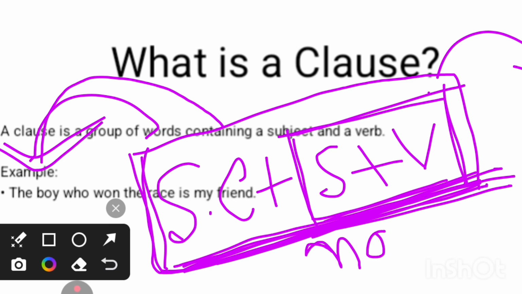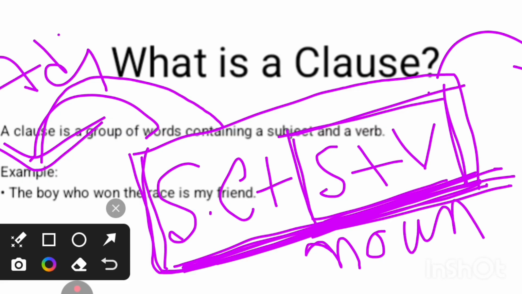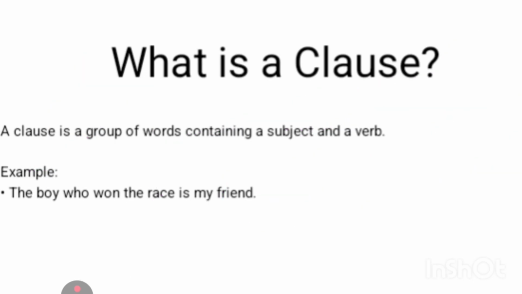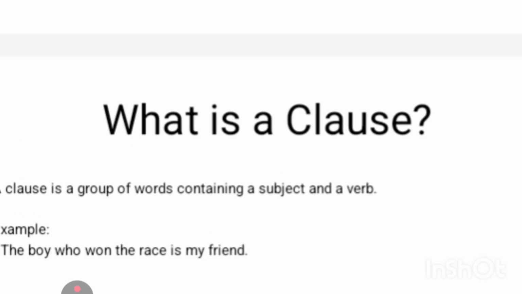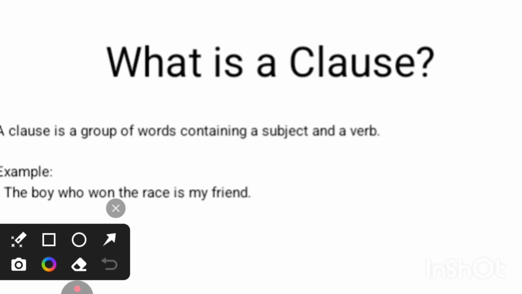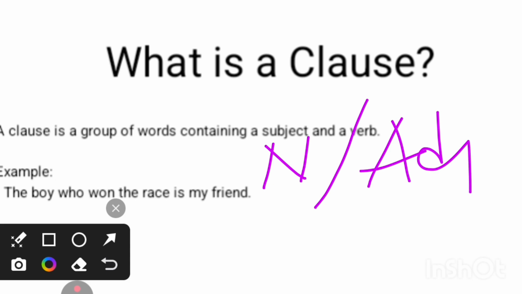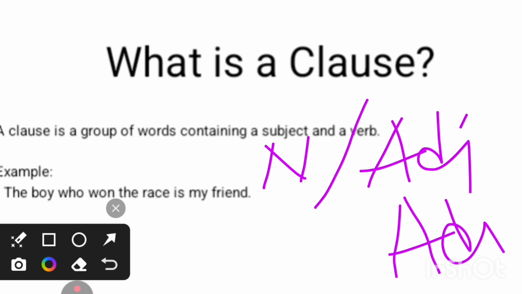That means the entire clause will act as a noun, or adjective, or adverb. This is the main thing.